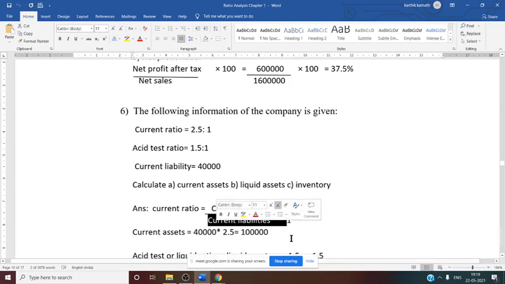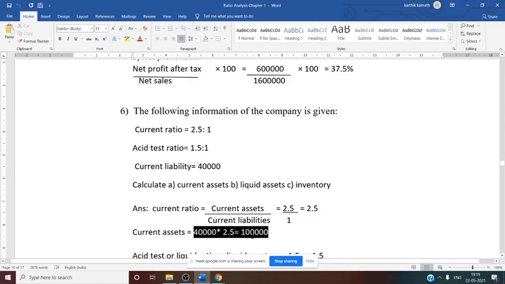Current asset we don't know, 2.5 we know, 1 we know, so we do cross multiplication. Current asset into 1 is equal to current liability 40,000 into 2.5. So the current asset answer is 1 lakh.